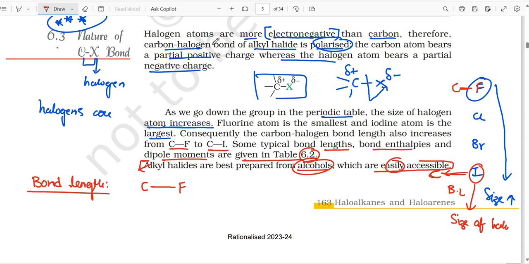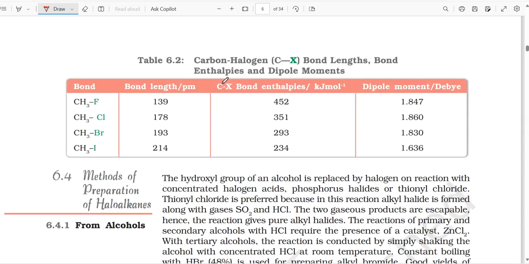Now let us try to understand the table. In any table given in chemistry, physics or other subjects, we have to understand the table, not memorize it by heart.